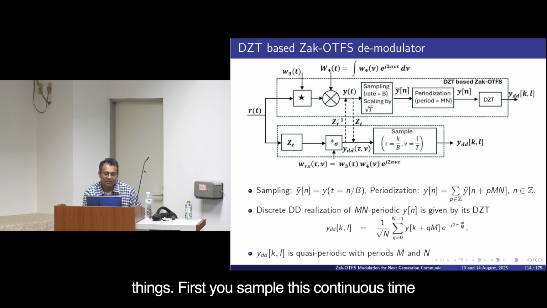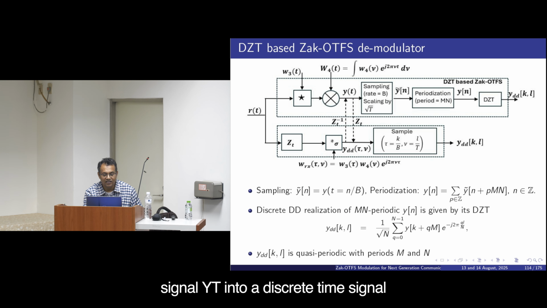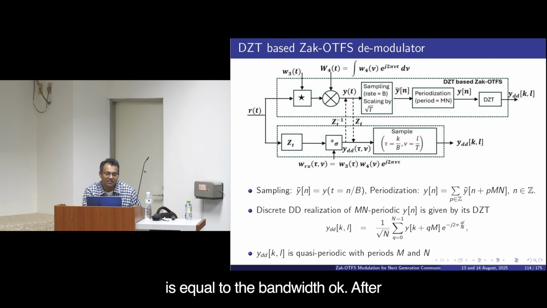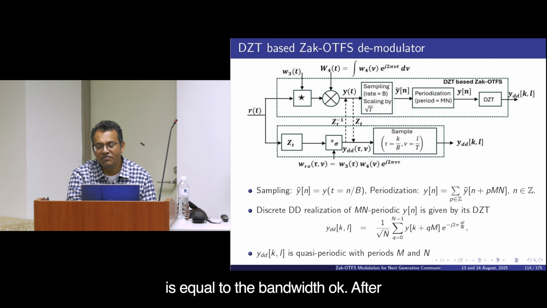First, you sample this continuous time signal y(t) into a discrete time signal y tilde, which is basically this equation. It is called sampling, which everybody knows, but your sampling rate is equal to the bandwidth, okay. After that, you have to do this periodization. Remember y tilde is not a periodic signal. It need not be periodic, because this received signal is time limited.